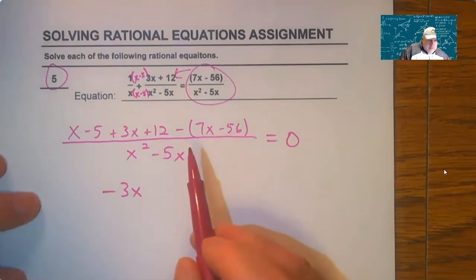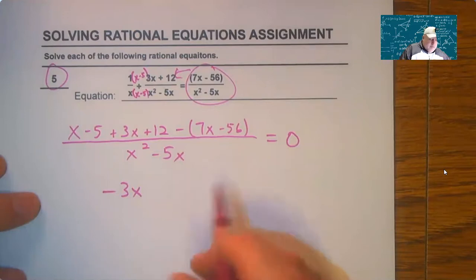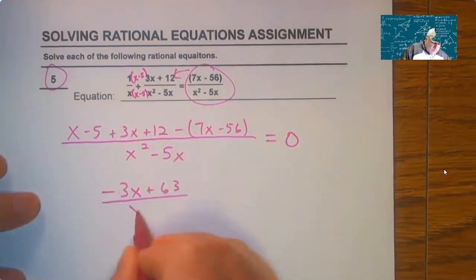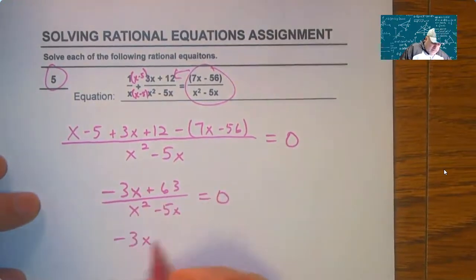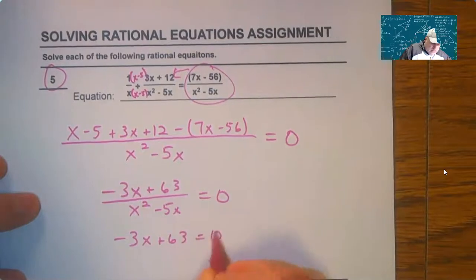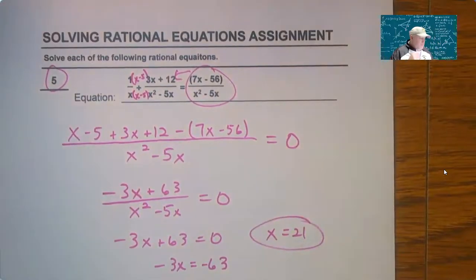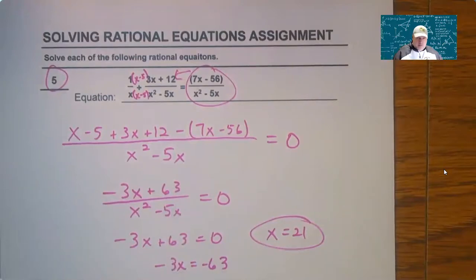That becomes plus 56. So 7 plus 56 is plus 63. It's all about getting this condensing correct. X is 21. And again, that does not put a 0 in the bottom, so we're good.